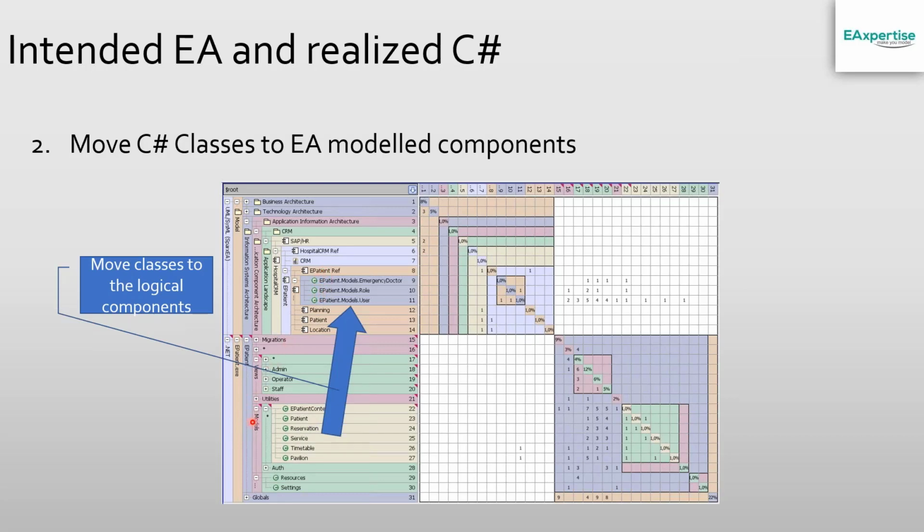So I'm slowly moving code representations from my .NET model into my Sparx model. And you see that all kinds of relationships are going to exist between the EA model and the source code.